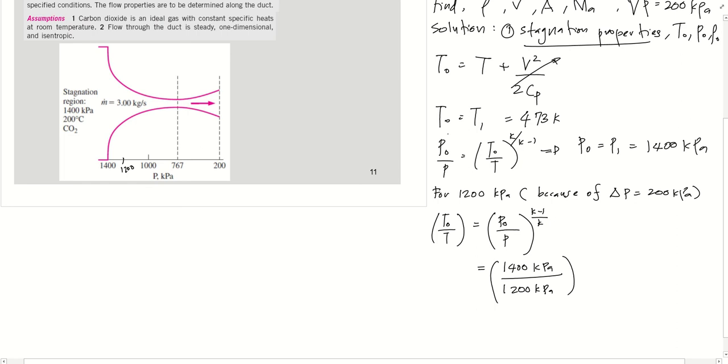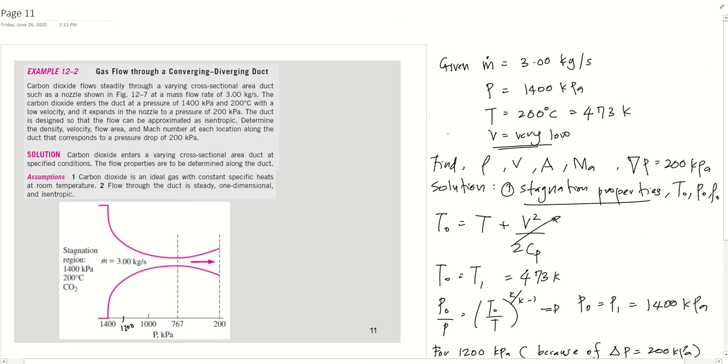So K for carbon dioxide equals 1.289, and the gas constant is 0.1889 kilojoule per kilogram Kelvin.